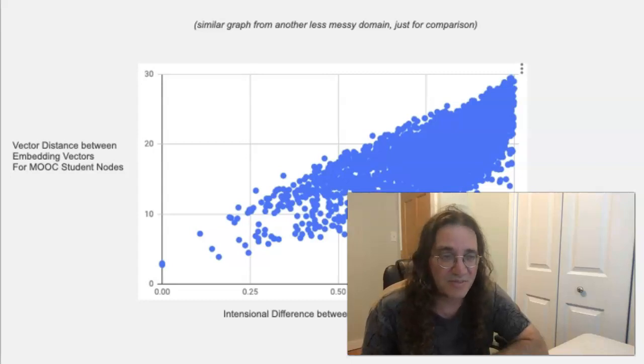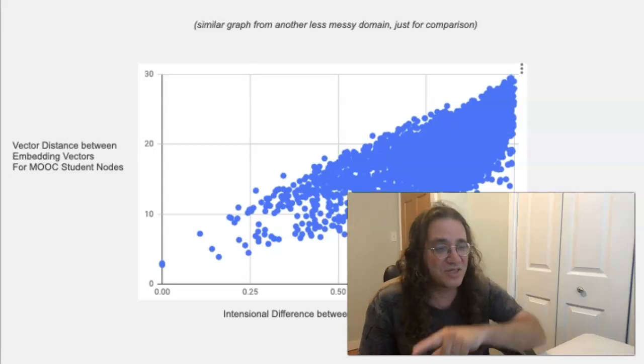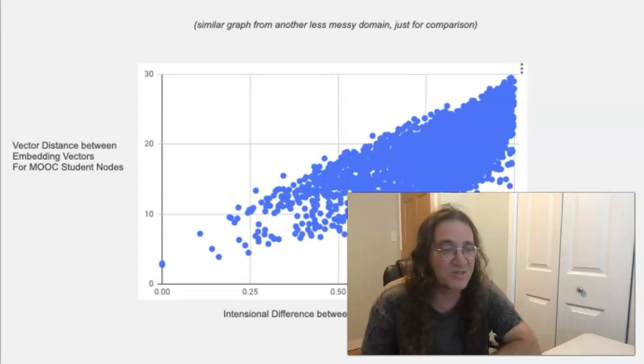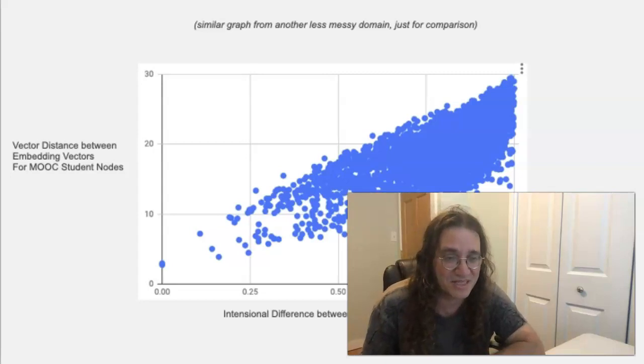And biology is always a bit messy, so we tried out something similar on a different atom space, just full of data about students in a massive online course, a MOOC. And there you see a much more simple linear relationship, because this MOOC atom space is just a bit less messy. Same exact algorithm.